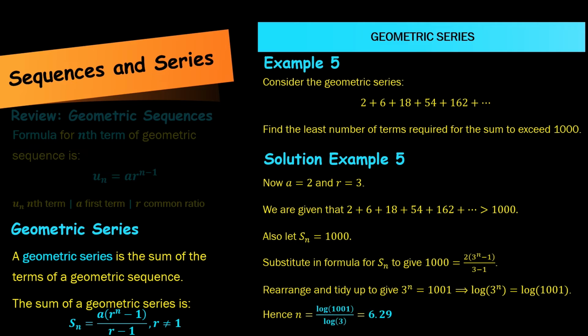This is equal to 6.29. Now, as we said earlier, we're required to find the least number of terms required for the sum to exceed 1000. When n equals 6.29, we have that the sum equals 1000. Clearly this isn't possible because we're looking for whole numbers. Therefore, the least number of terms is 7.